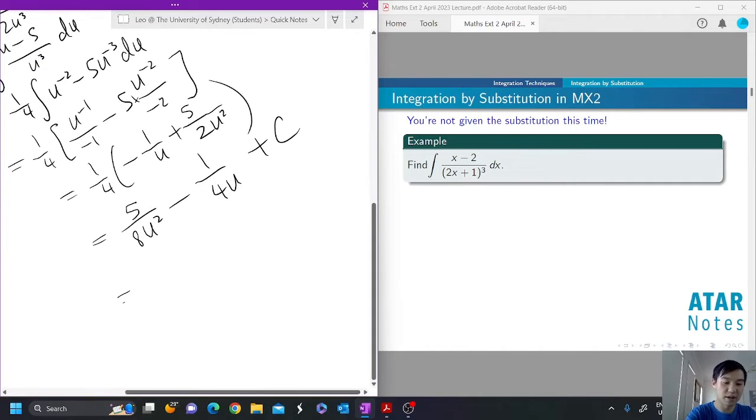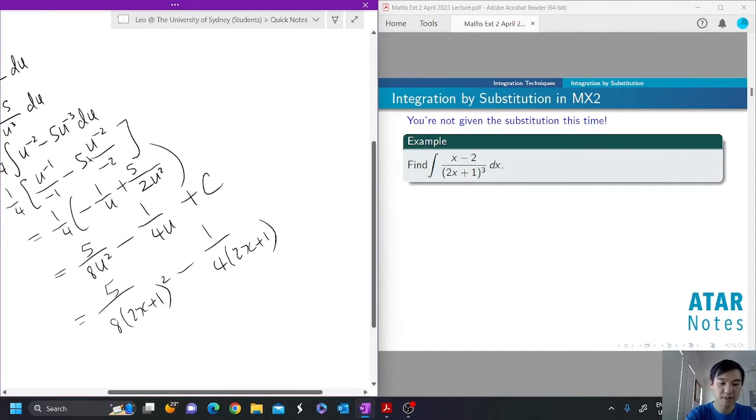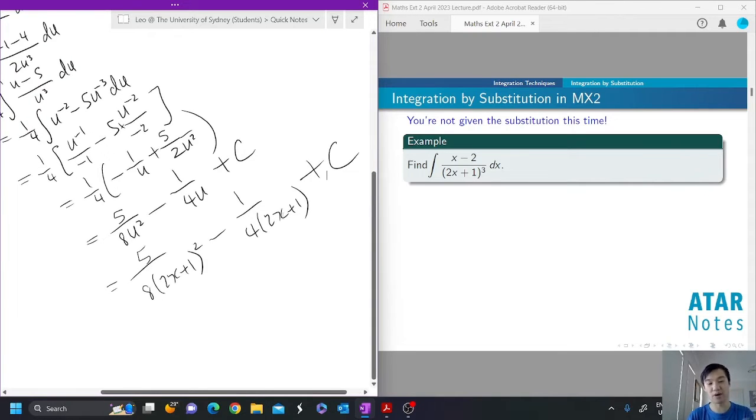So this will become 5 over 8(2x plus 1) squared minus 1 over 4(2x plus 1), plus c. And you could expand the brackets if you wish. I'm not going to do it here.